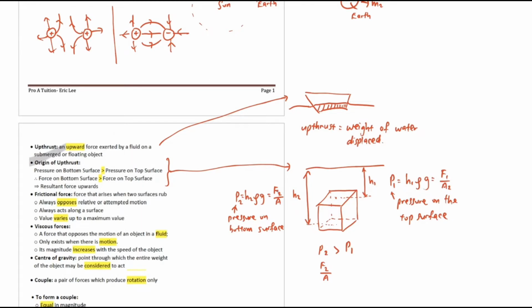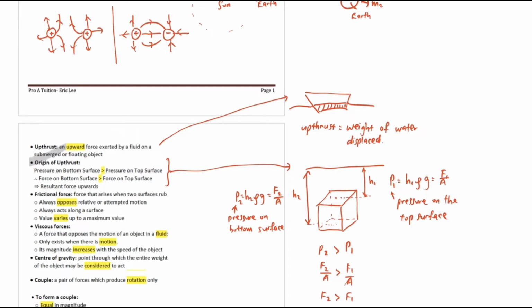And then I use F2 over A. This one I use F1 over A. They have the same area for the object, so I can cut the A on both sides. Then I get F2 more than F1. Force on bottom surface is greater than force on top surface.